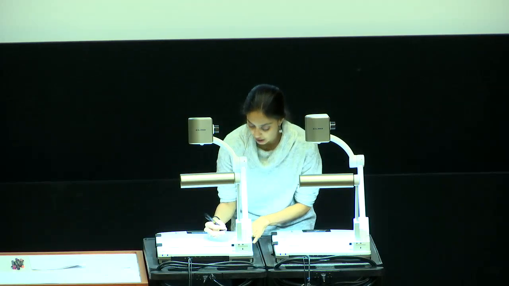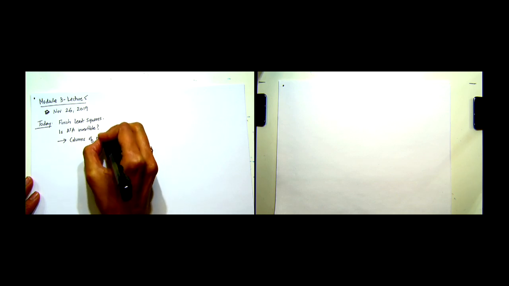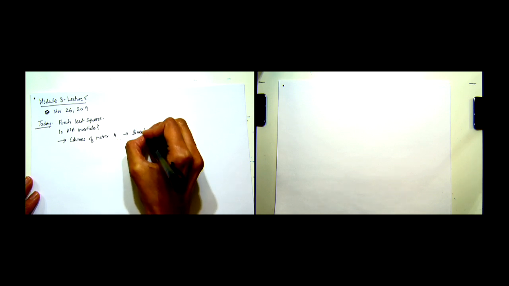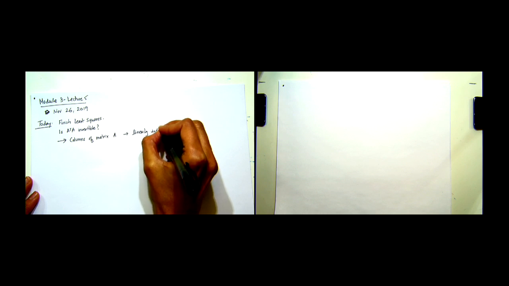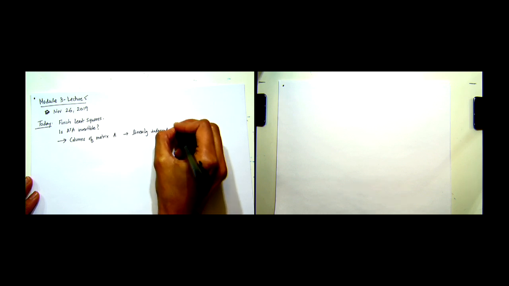We said that, to understand if A transpose A is invertible, we don't have to look at this matrix A transpose A. We can just look at the columns of matrix A. If they are linearly independent, then basically we're good, right?